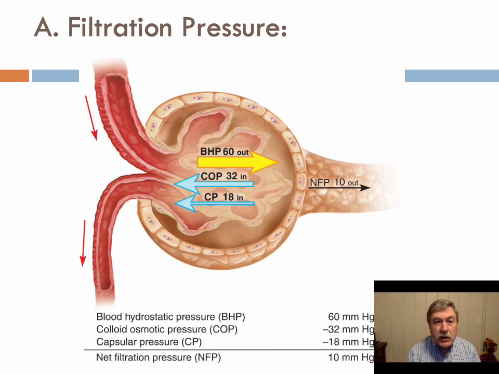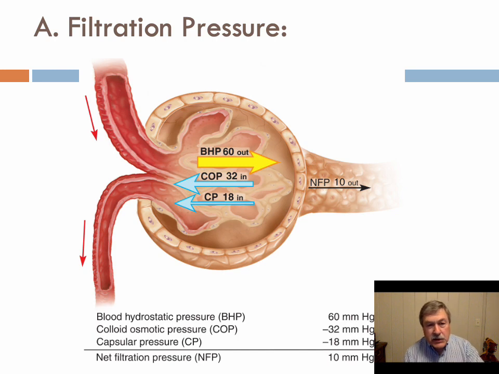The first is called colloid osmotic pressure. Colloid osmotic pressure is caused by the fact that the plasma of the blood in the glomerulus has a much higher concentration of protein than the filtrate that has passed through the filtration apparatus.